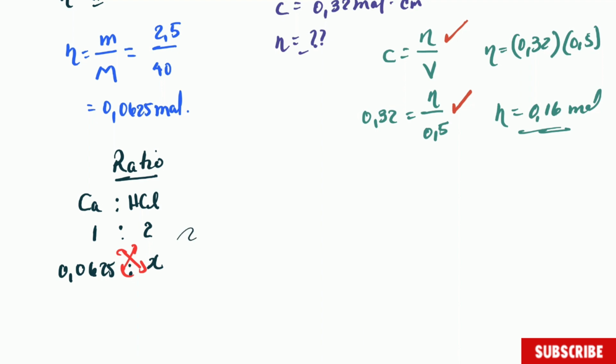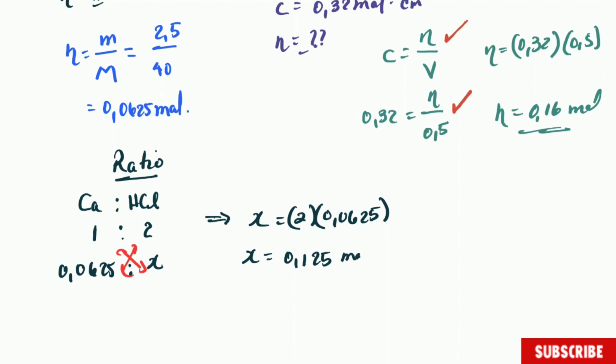So when we solve this part, we get 1x equal to 2 multiplied by 0.0625, and then you get that x is equal to 0.125 mole. Now this one, guys, note this one is for HCl. Of HCl is needed.